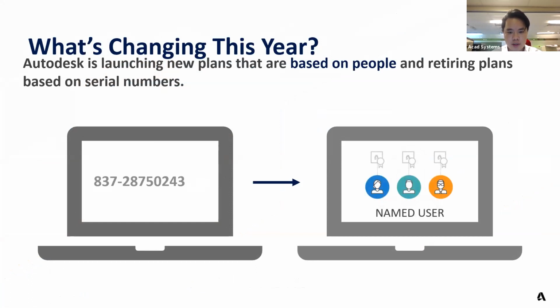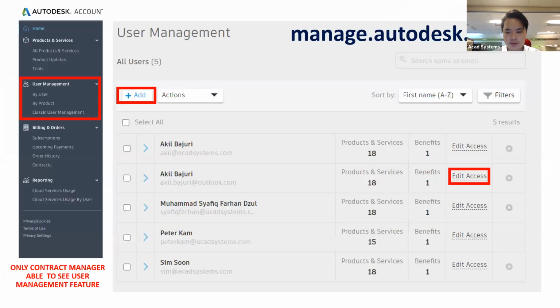And also, now it's changing to named users, the setting to activate all the licenses that you have bought. So if you bought the license, we will have one email that is the contract manager, and only the contract manager email, when they have the Autodesk account and sign in, will have user management.